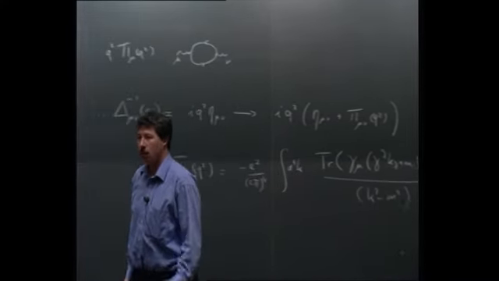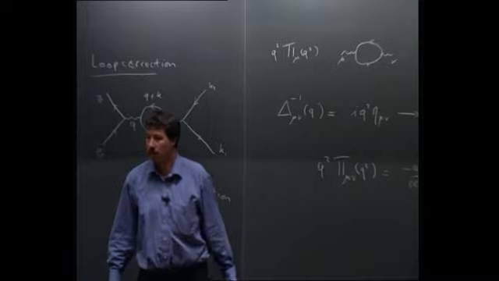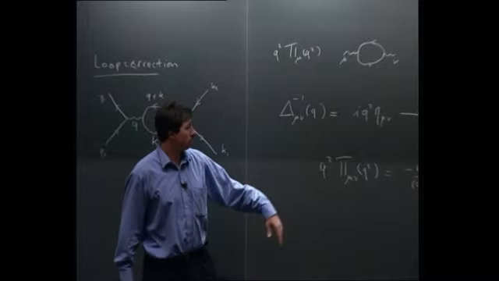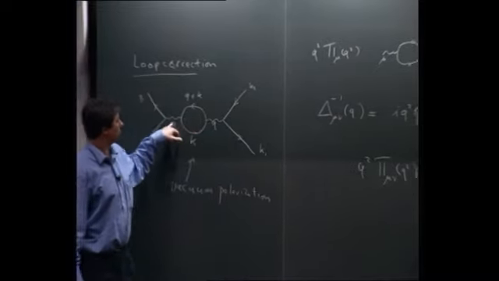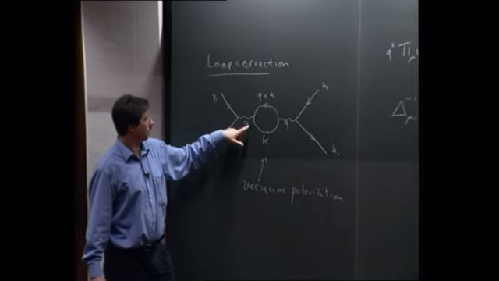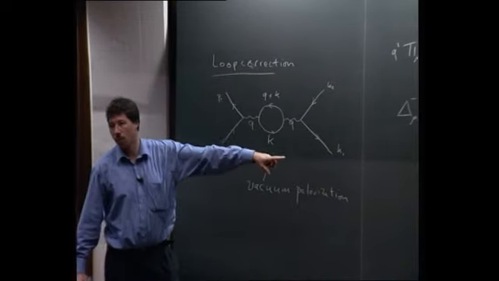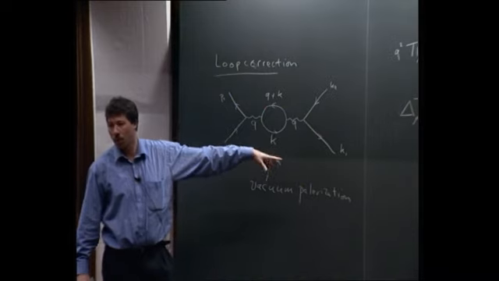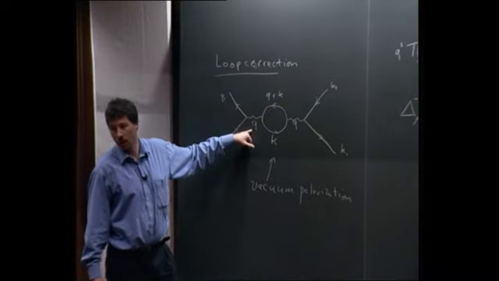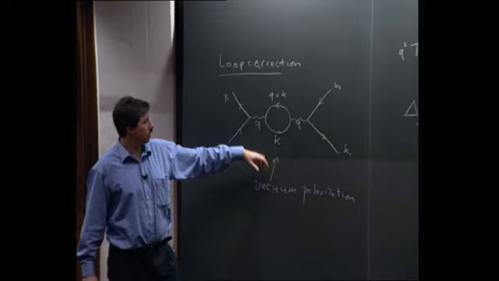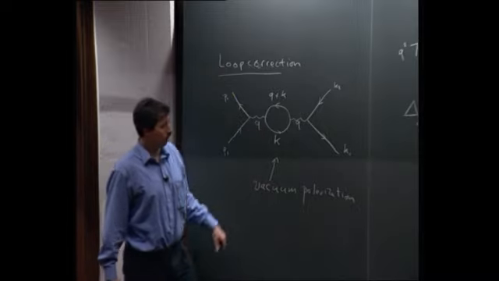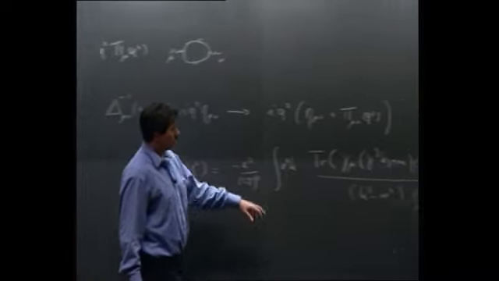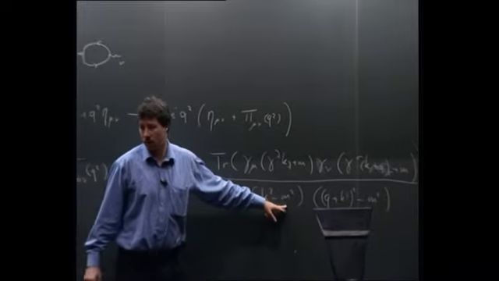Which particles are important also depends on the energy going through this diagram, because you only have to include those particles whose masses are below the energy scale that we're looking at. And at high energy scale, if Q is very large, then we can ignore the fact that we have a mass in here.